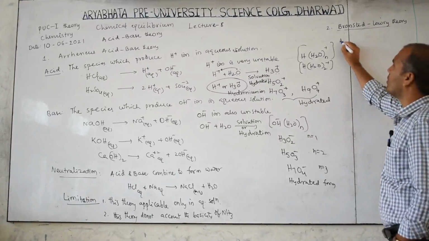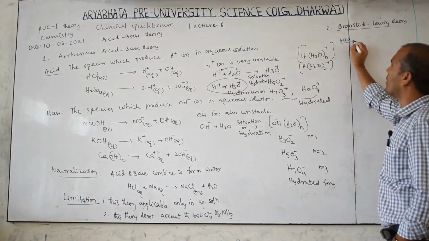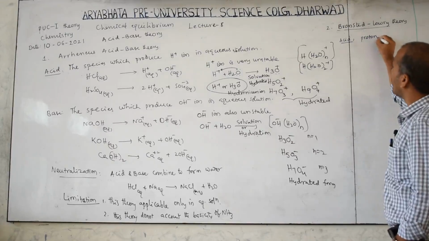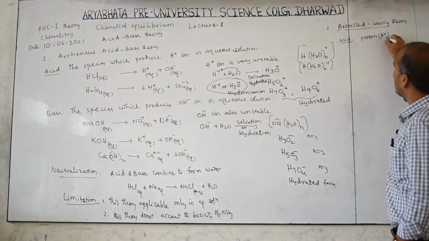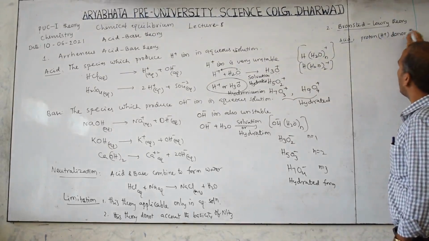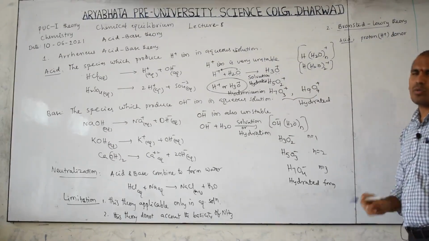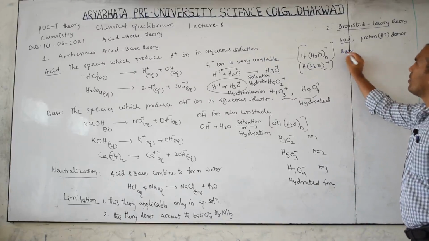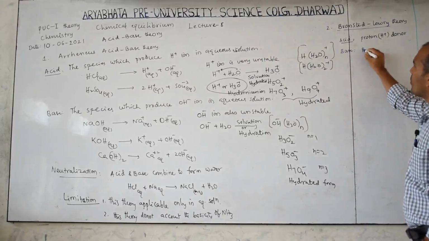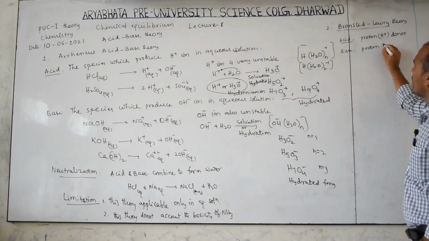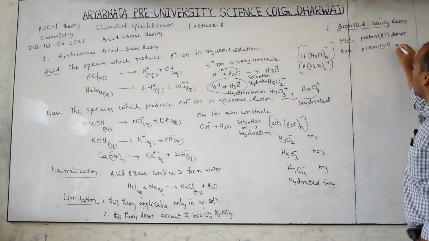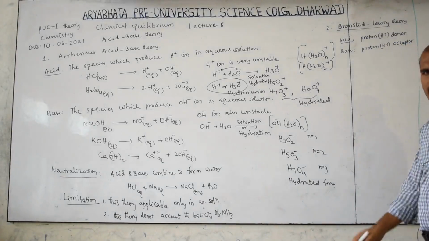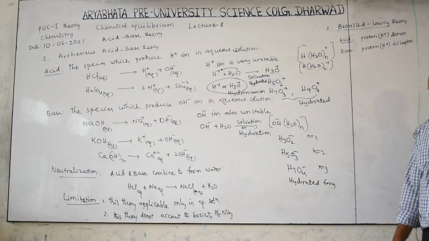First, what is an acid according to this theory? A proton, meaning H plus, donor is an acid. Next, what is a base? A proton, that is H plus ion, acceptor. Proton donor is acid, proton acceptor is base.